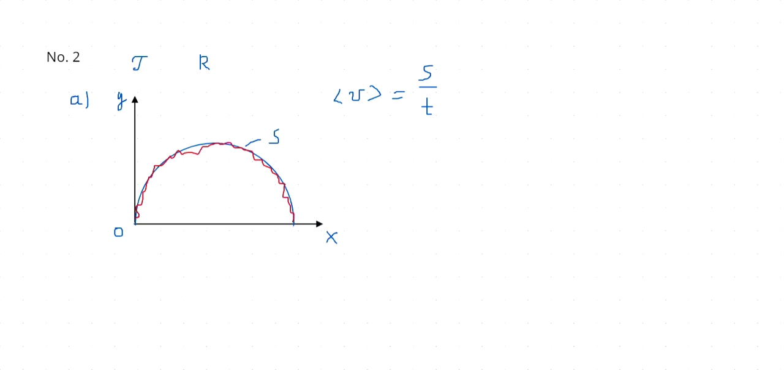Yes, that's correct. It will be PR because the whole circle is 2 PR and the half of a circle is PR. Okay, this is PR. And what about time?